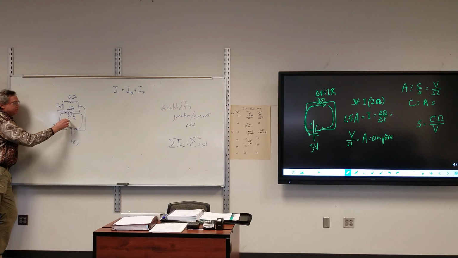So if I do the similar process to what I had over there, I know that my voltage across the 3 ohm resistor is 12 volts. That's gonna be equal to the current times 3.